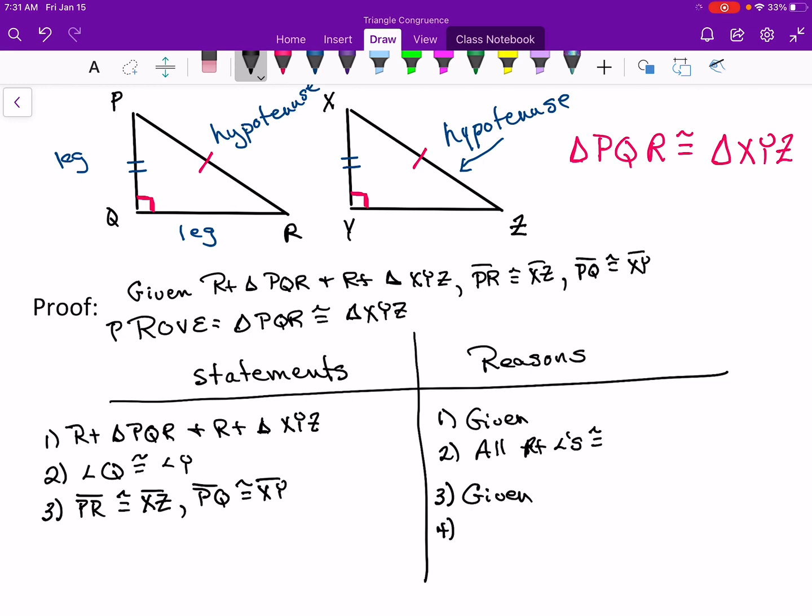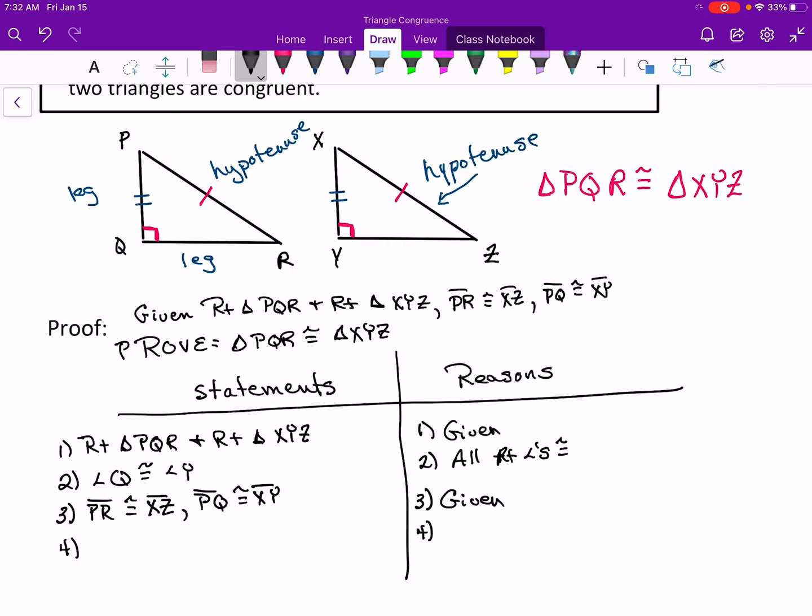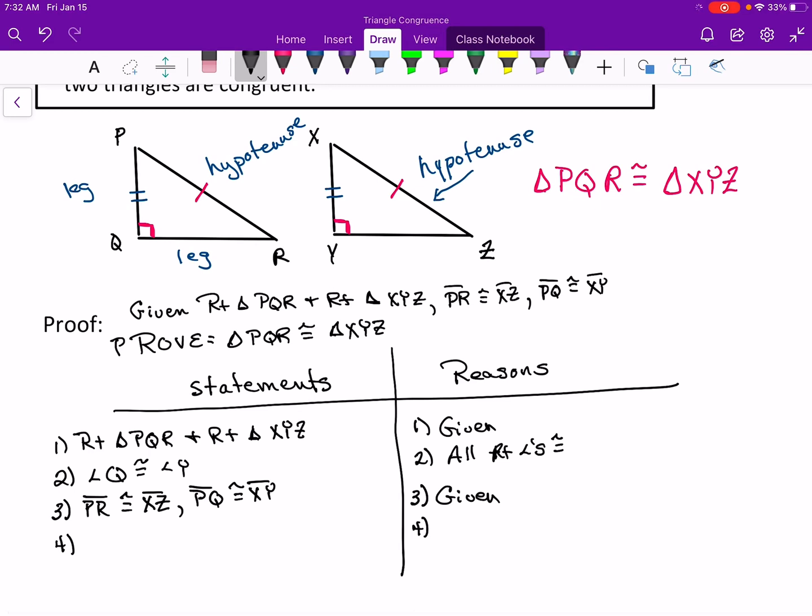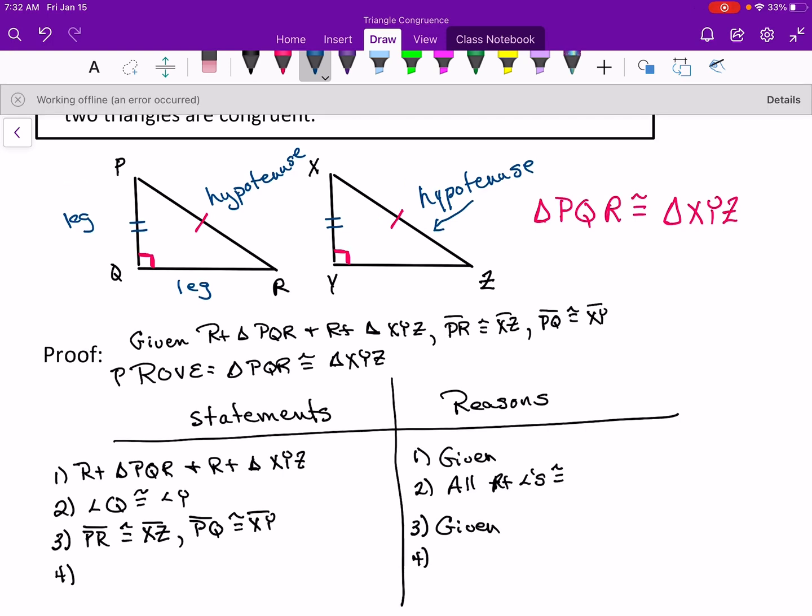Now I have to figure out where to go from there. To prove the triangles are congruent, I can't use HL because that's what I'm trying to prove. I have to use something else. So I'm going to show you something that we haven't done in any of our proofs so far, but you can do. Notice that PQ and XY are exactly the same length. So what I can do is take, this isn't going to be near as pretty of a picture, here's my triangle XYZ.